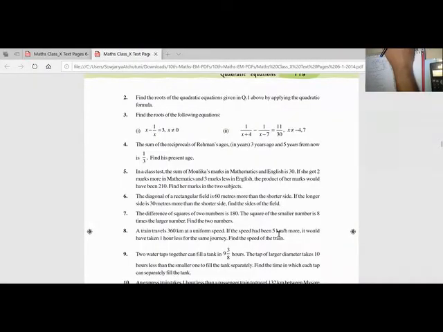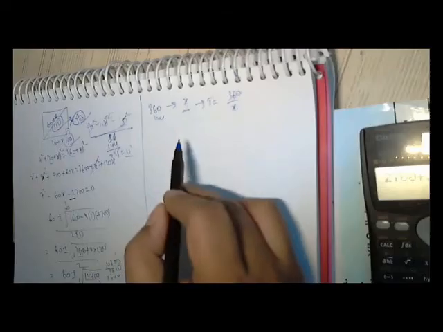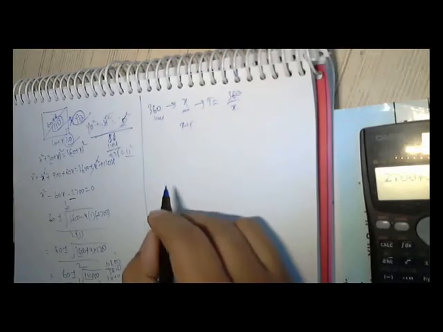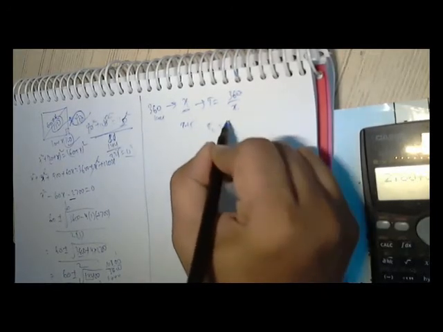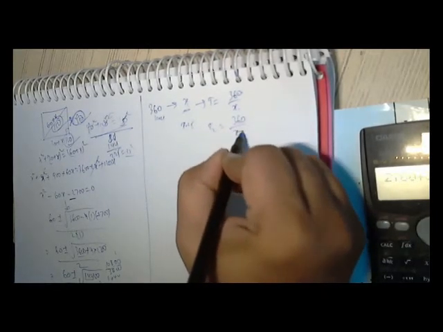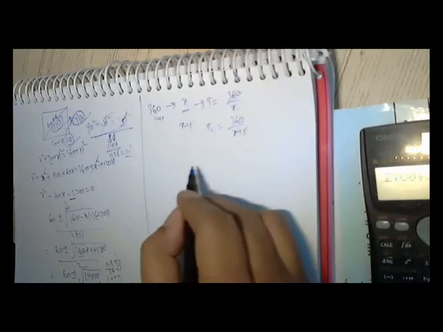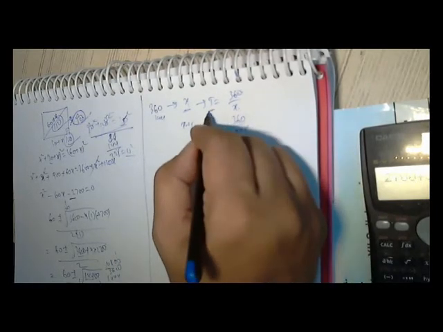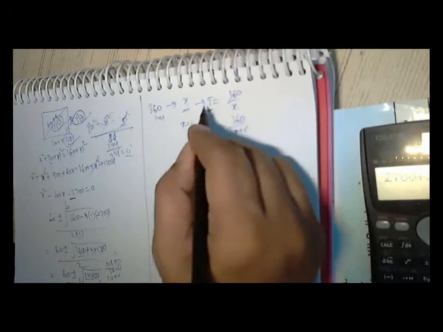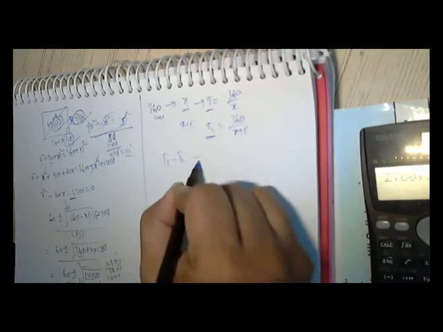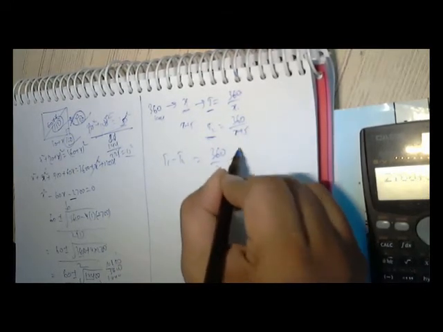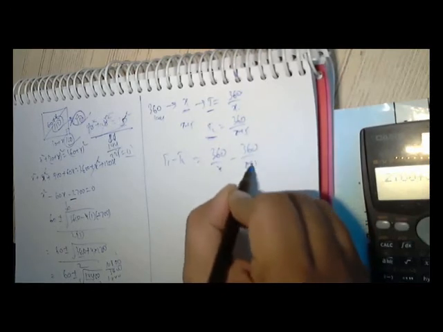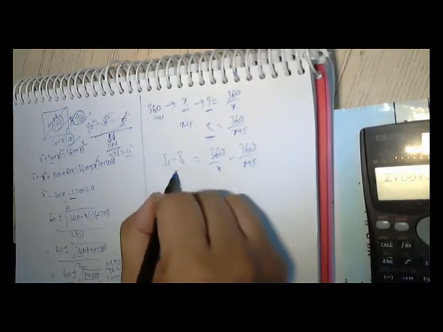If the speed is 5 kilometers per hour more, so the speed is x plus 5. So the time it is going to take is 360 by x plus 5. So this is 1 hour less than this. So t1 minus t2 is equal to 360 by x minus 360 by x plus 5. So t1 minus t2 is 1 hour.